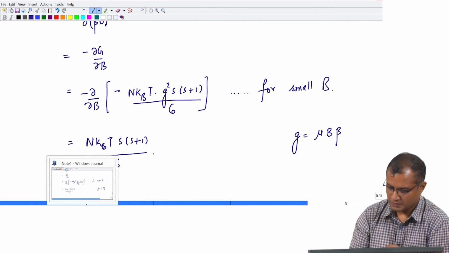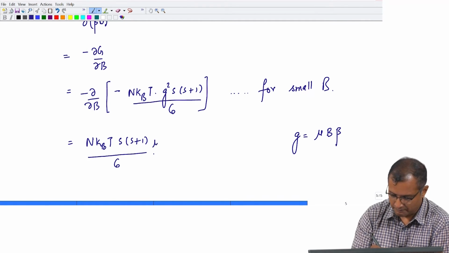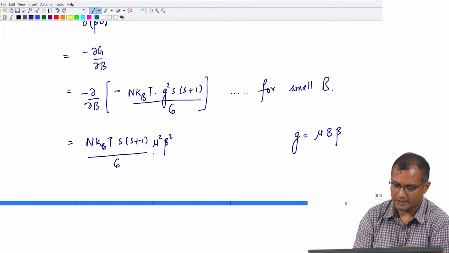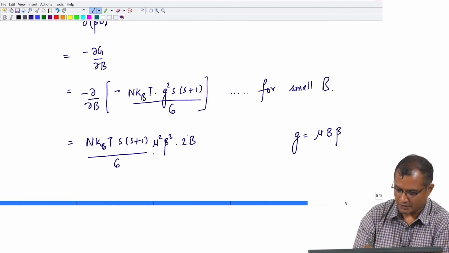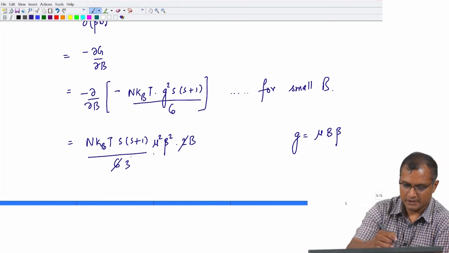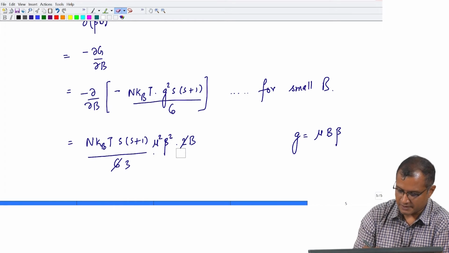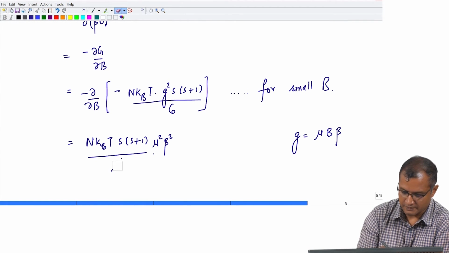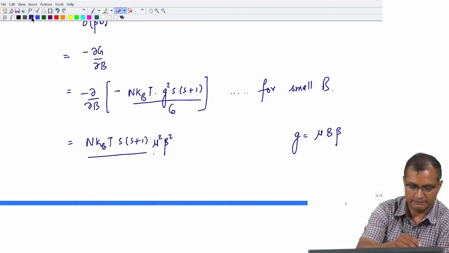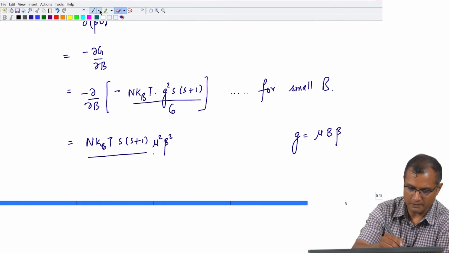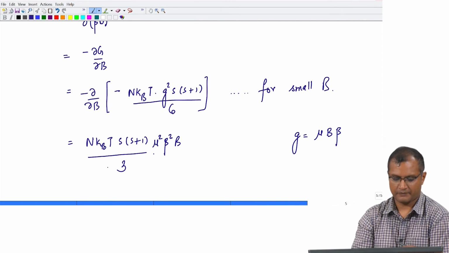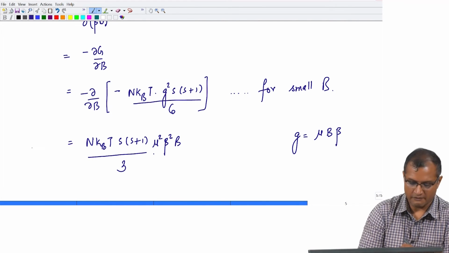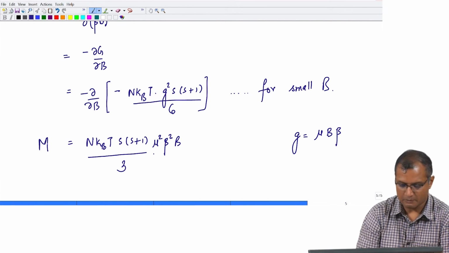So, mu square beta square will also come out, and b square is differentiated to twice b. So, you can knock this off with a 3 here. In fact, you can write down just b by 3 as the factor. Okay. So, this is the value of the magnetization, thermodynamic magnetization.